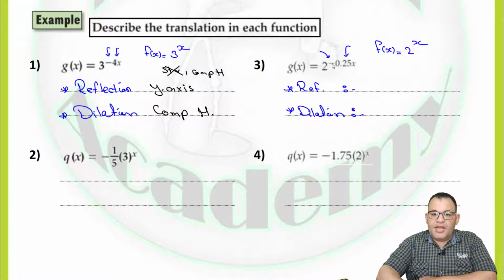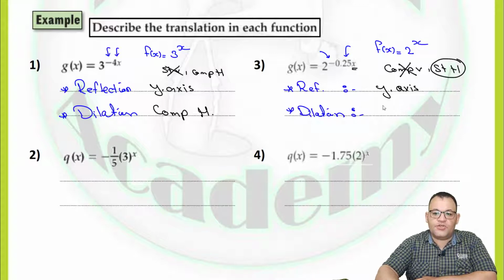Because this negative is multiplied by x, the reflection will be on the y-axis. You multiply by 0.25, which is more than 0 and less than 1, so you compress vertically and stretch horizontally. You multiply by x, so you need only the horizontal part and ignore the vertical part. It means we are stretching horizontally.